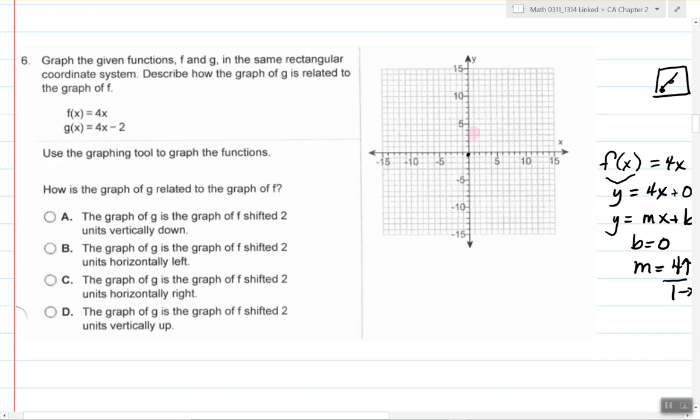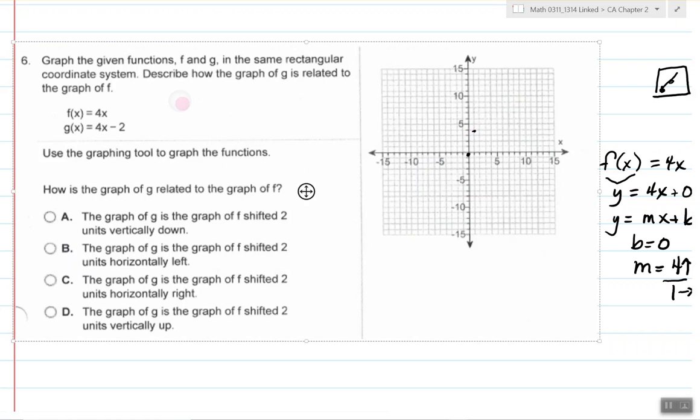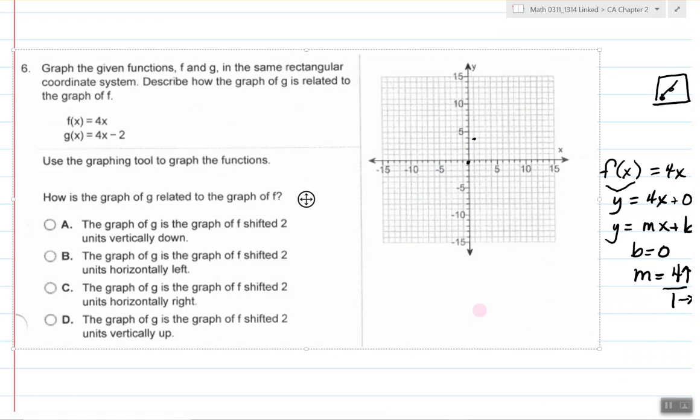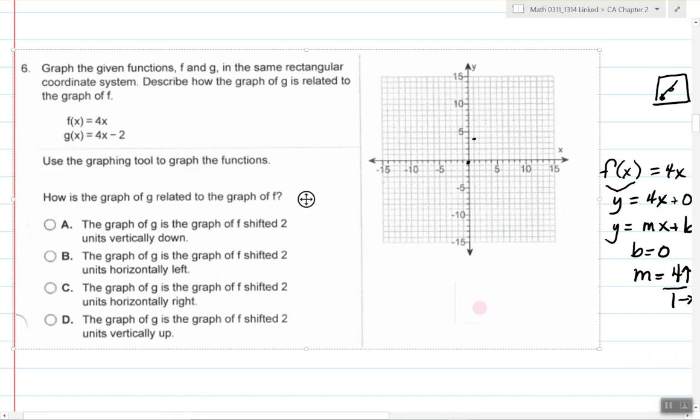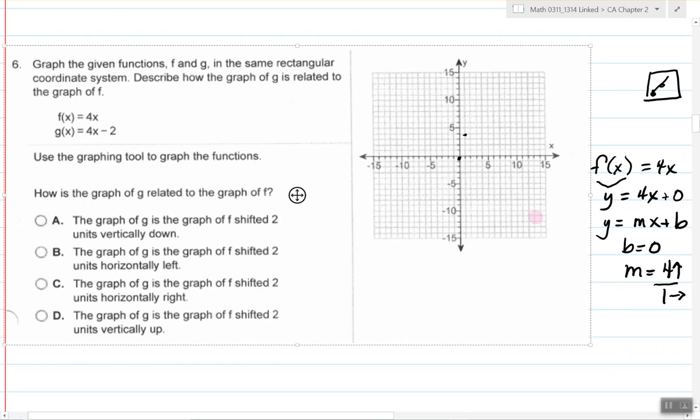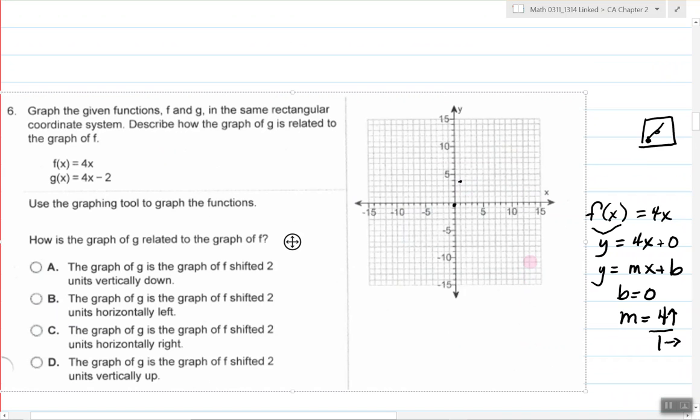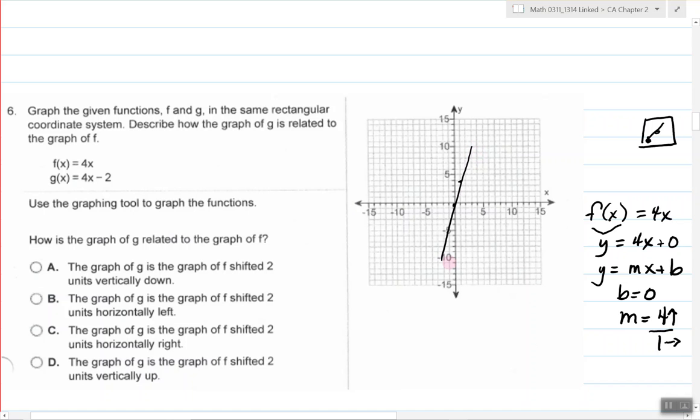So if I go up 4 blocks and right 1 block, I get a point right there, and I'm going to try to draw a straight line, but there is no real promise that's going to happen. And well, it didn't happen at all. Let me try one more time. Okay, sort of, not great.